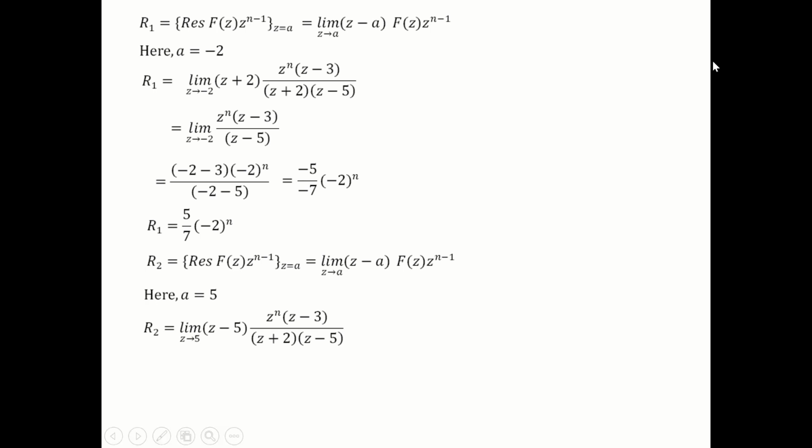When a is equal to 5, R2 is equal to limit z tends to 5 of (z minus 5) z power n into (z minus 3) by (z plus 2)(z minus 5). So z minus 5 in the numerator and denominator get cancelled. Limit z tends to 5 of z power n (z minus 3) by (z plus 2). Substituting z equals 5, 5 power n into (5 minus 3) by (5 plus 2), that is 2 by 7 into 5 power n. That is R2.